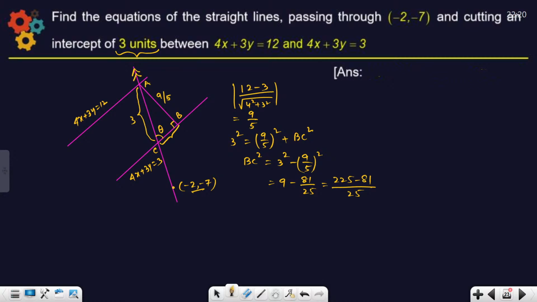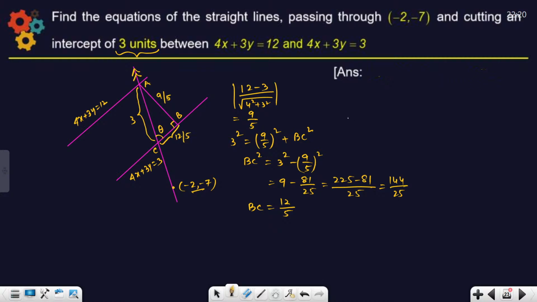Is it clear? So 225 minus 81 will give us 144 over 25. So what is your BC? It's basically 12 over 5. The length of BC is 12 over 5.